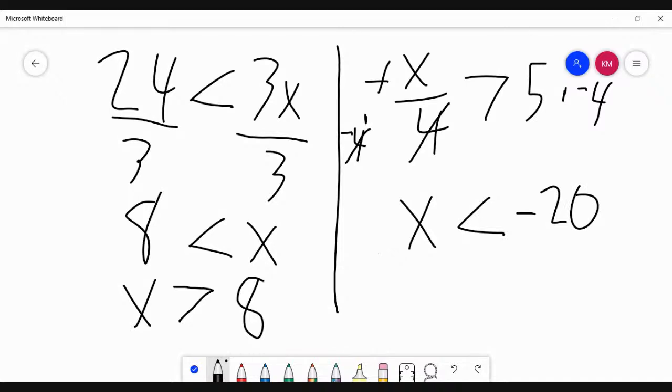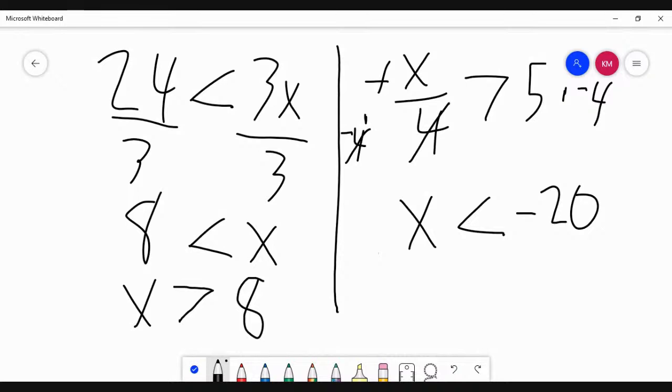The reason why it changes is because anytime you multiply by a negative, if you have a is less than b, but your c, when you're multiplying, is less than 0, then the inequality changes to where it becomes a is greater than b.